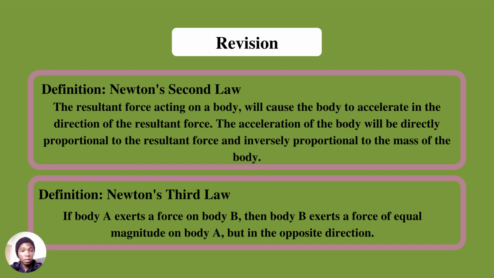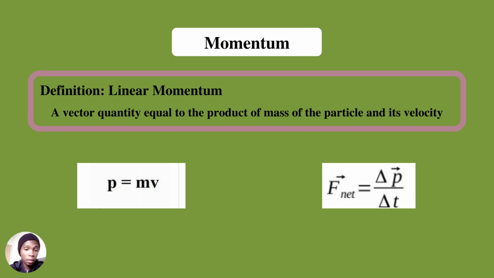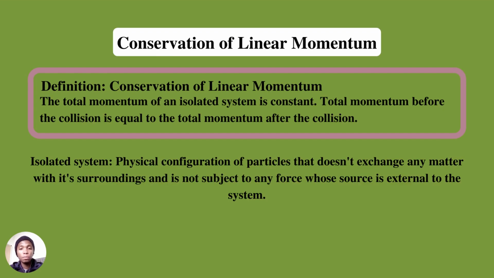The reason why we wanted to understand what Newton's second law of motion is saying is because F net, which is the force acting on an object, can be equal to a change in momentum divided by a change in time. Then we come into the conservation of linear momentum.